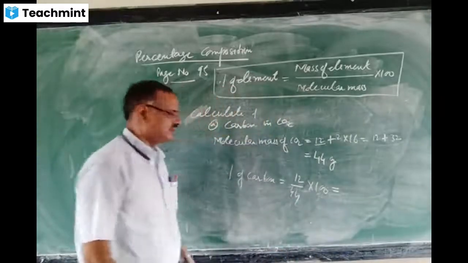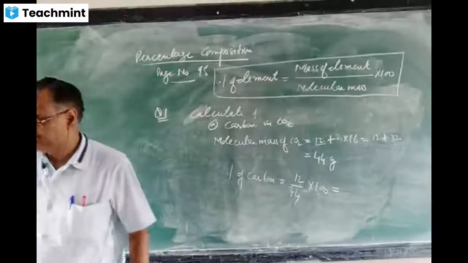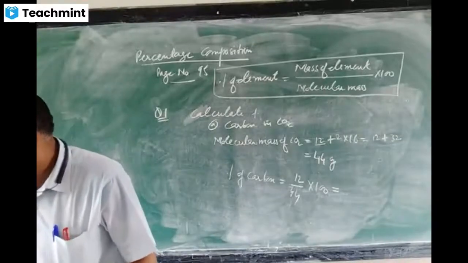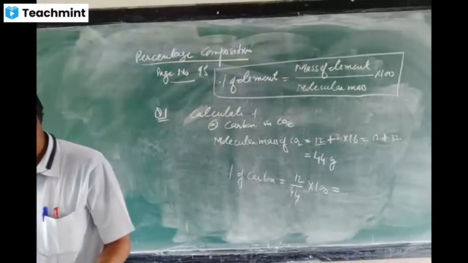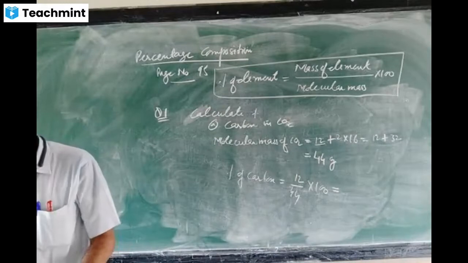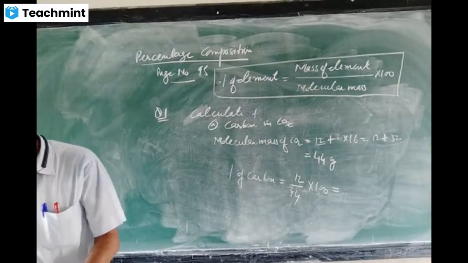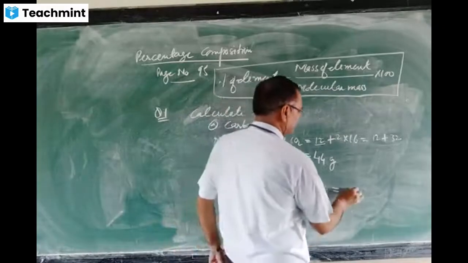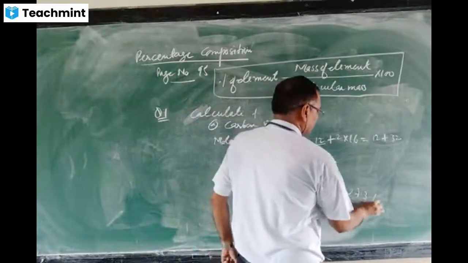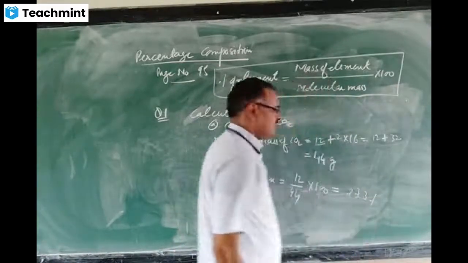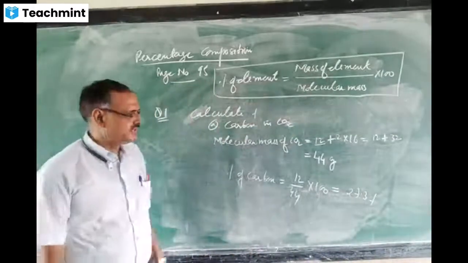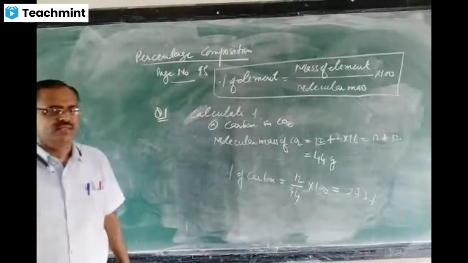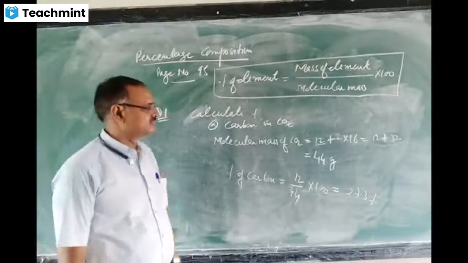Just calculate how much you are getting. In the book, the answer is given 27.3. Just check whether you are getting 27.3. If you are not getting, then something must be wrong.